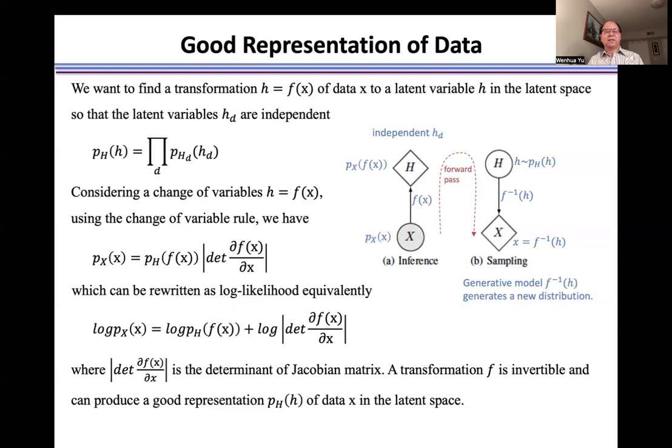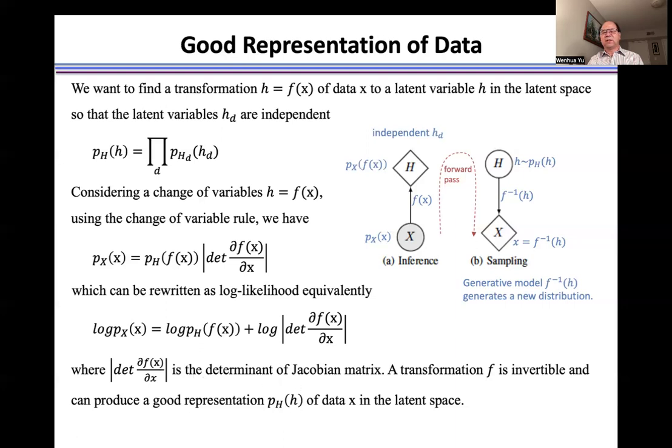Namely, the log likelihood at x is equal to the log prior plus the log determinant, where this is the determinant of the Jacobian matrix.